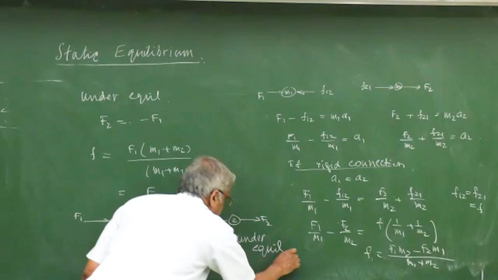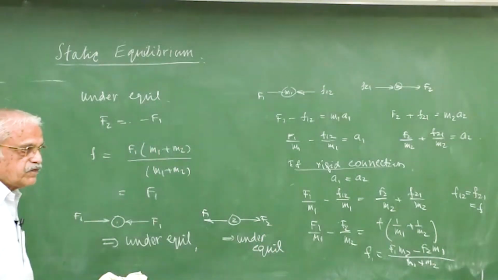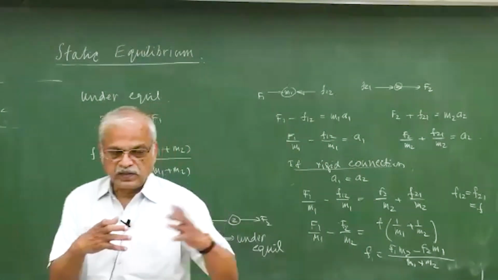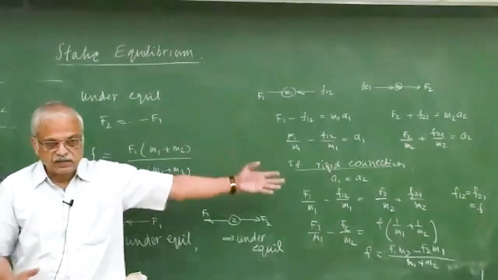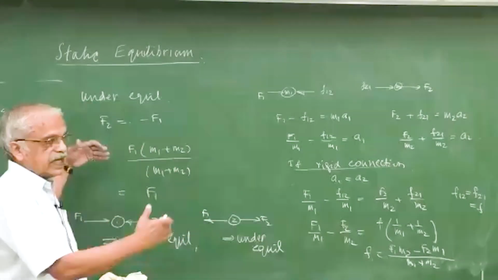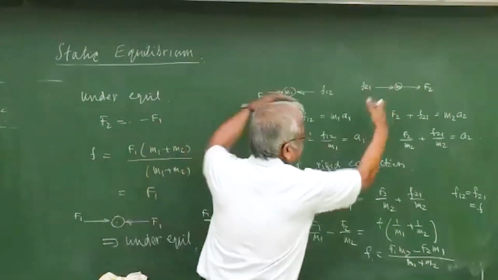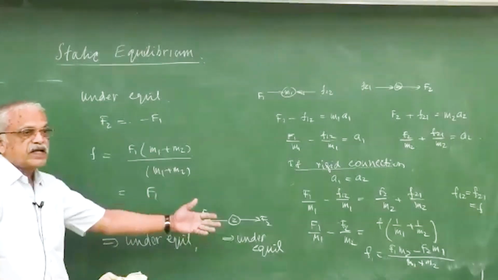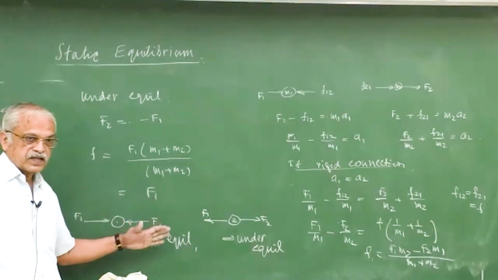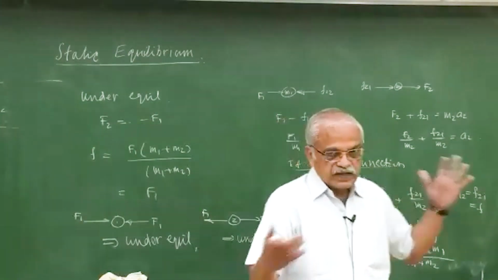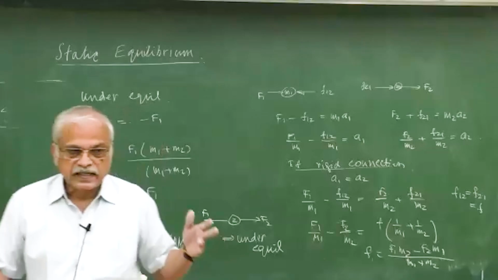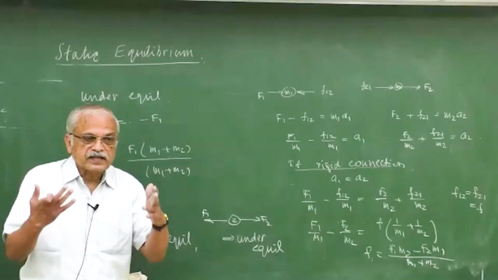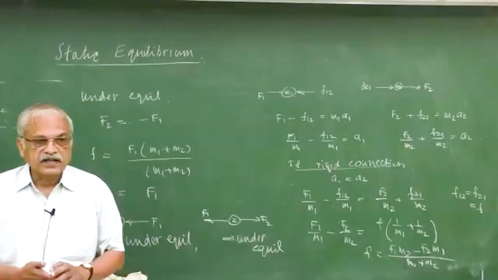So what we finally arrived at is that if you have a rigid body where the particles are connected by a rigid connection, which means that in one dimension they will all have the same acceleration, and the external forces do balance, then internal forces will be generated in such a manner that each particle will be under equilibrium.